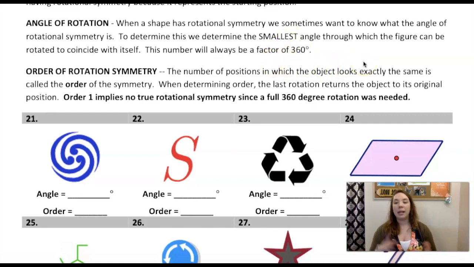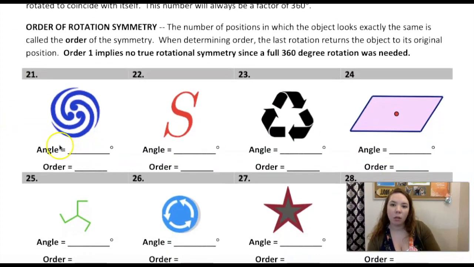So again, if we go back to my 90-degree example, I could turn it a total of 4 times to get back to its starting point. So its order would be 4. When determining order, the last rotation returns the object to its original position. Order 1 implies there is no rotational symmetry because you would have to do a complete 360 for it to match back up.